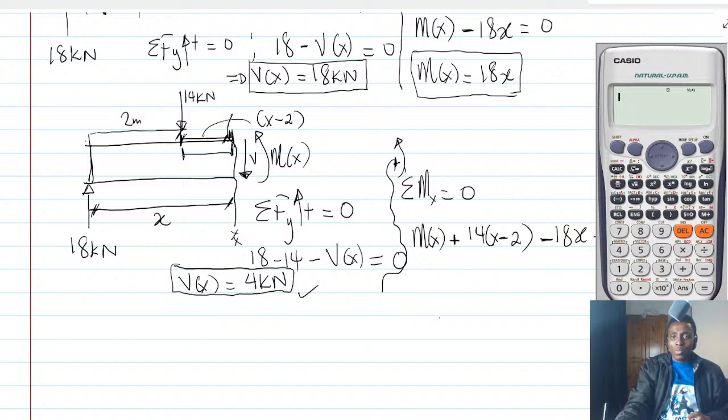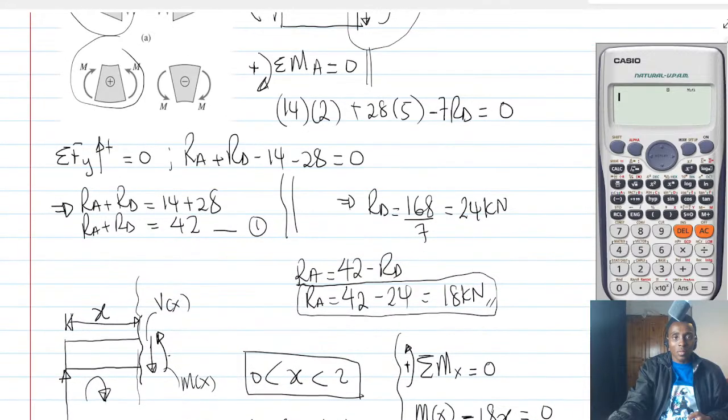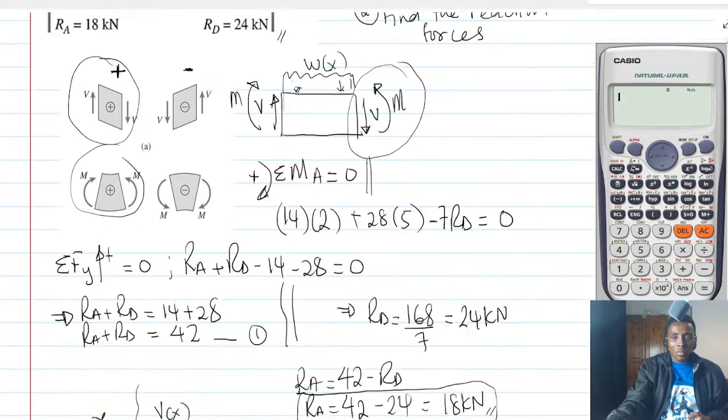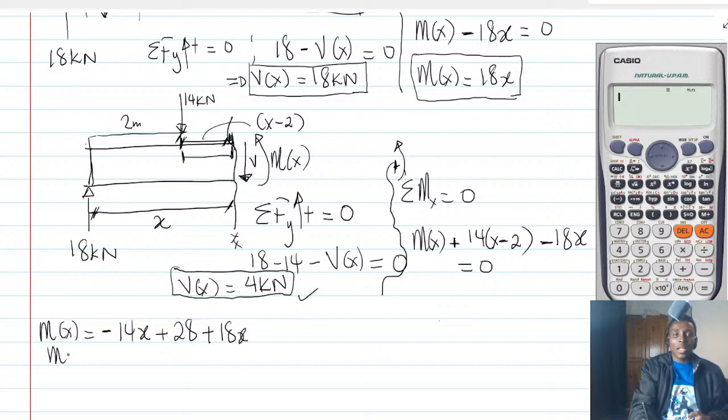Alright, so the moment should be equal to 0, right? Okay. So then rearranging, we can say that minus 14x plus 28 plus 18x, right? So that M of x is 4x plus 28.